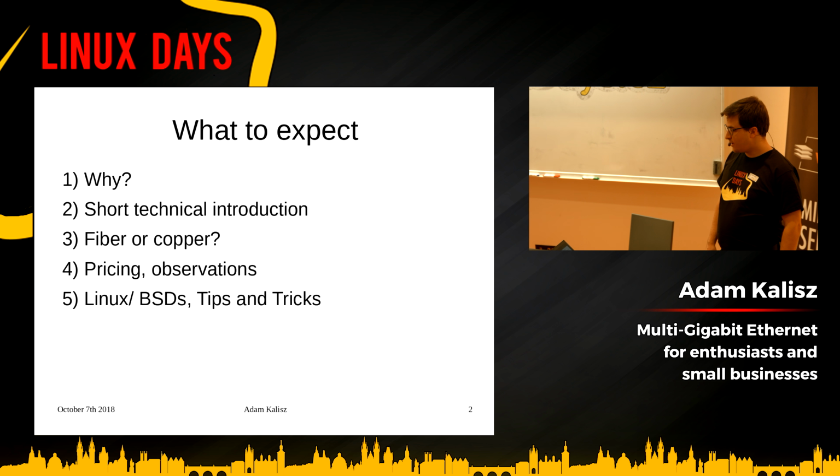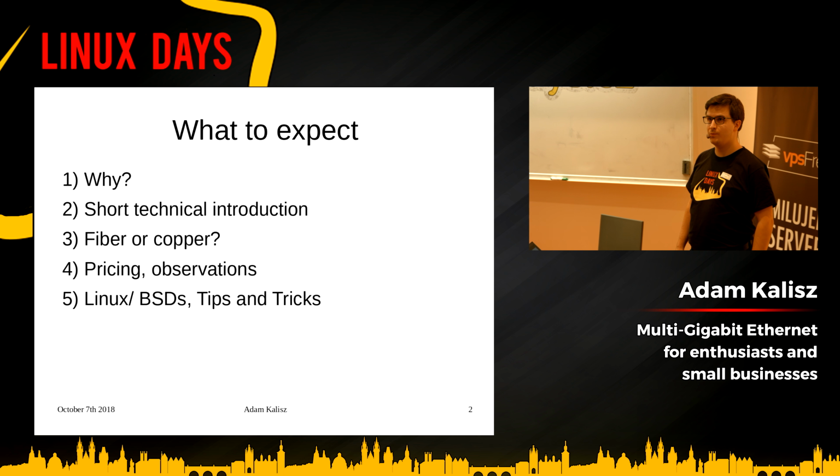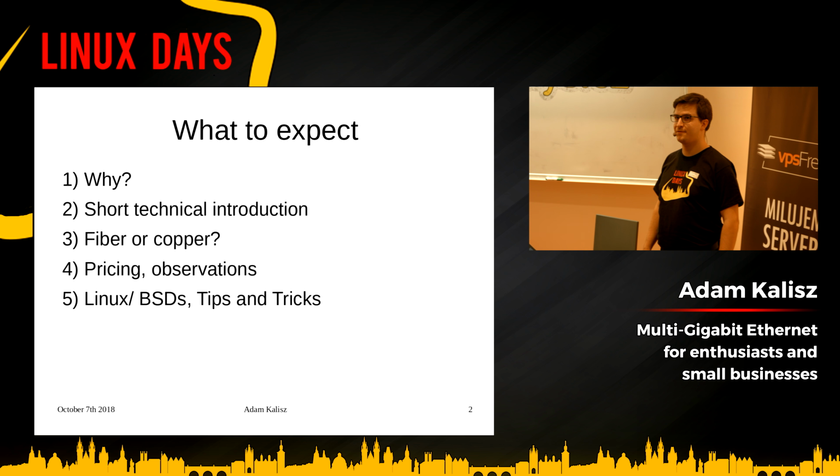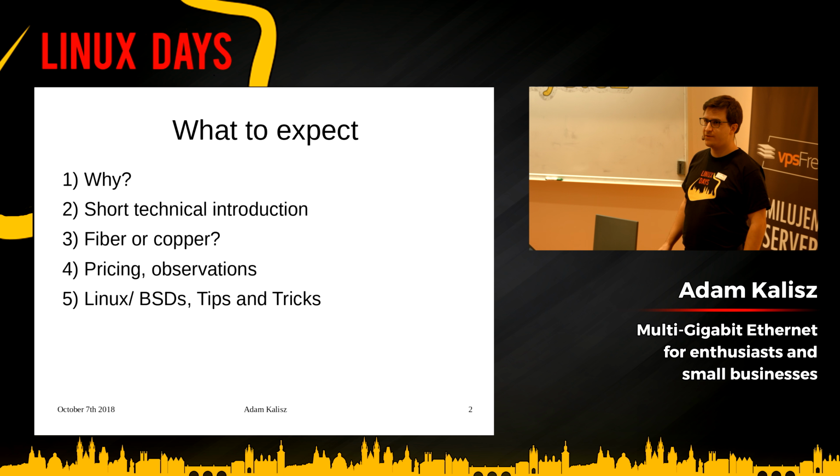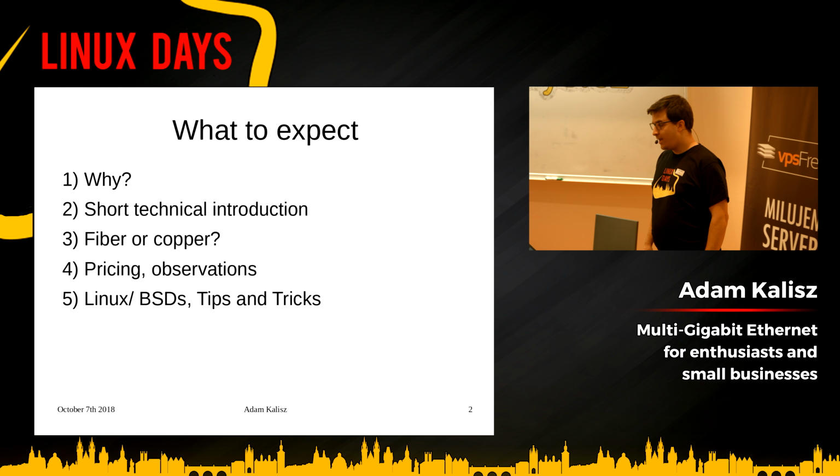So I'll talk about why we should actually want to have 10 gigabit Ethernet at home or in a small office. I will talk about some technical stuff, but just briefly. Then I'll discuss what to use with 10 gigabit Ethernet.